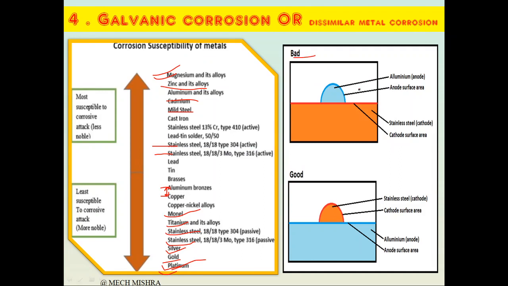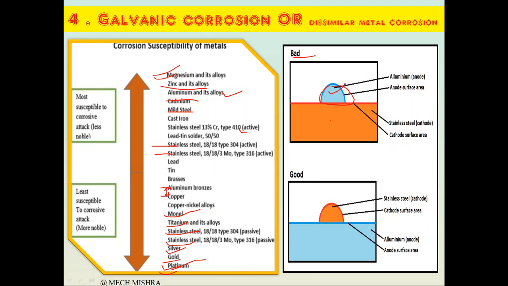Aluminum is working as an anode and its surface area is small, and SS is the cathode. Aluminum is less noble, SS is more noble. So what will happen? The anode surface area is very small and it will be finished immediately.